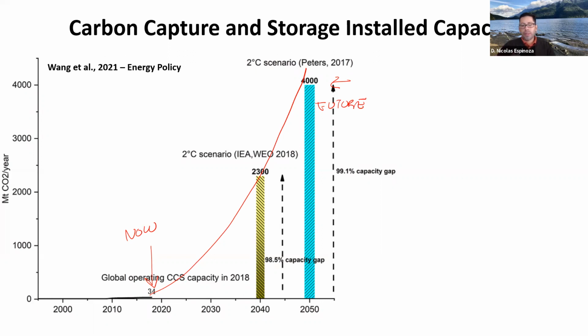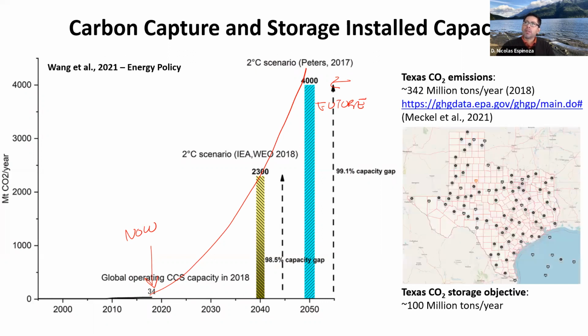So just to keep in mind some numbers that you might want to remember. In Texas, we produce about 340 million tons per year of carbon dioxide. And you can check these on this website of the Environmental Protection Agency. This is very nice. You can check state by state all the CO2 emissions, where they come from. And this is the case for Texas.